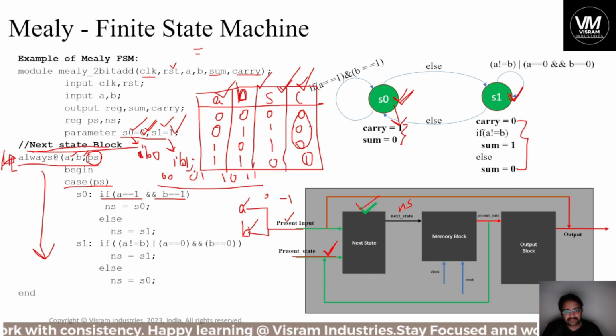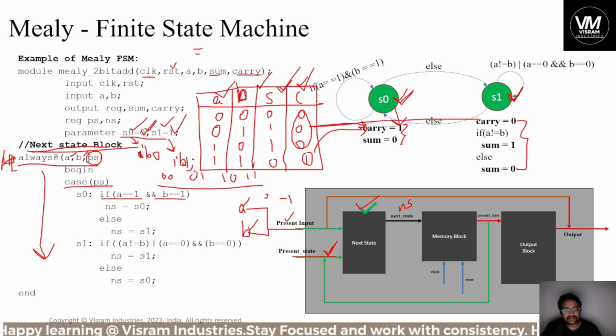For that condition, let us take carry equal to 1 first, and then carry equal to 0. Got it? Based on carry equal to 1 and carry equal to 0, let me write with another color.